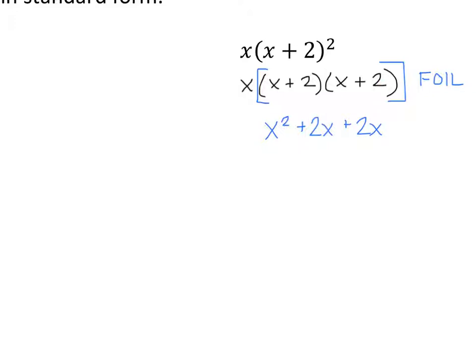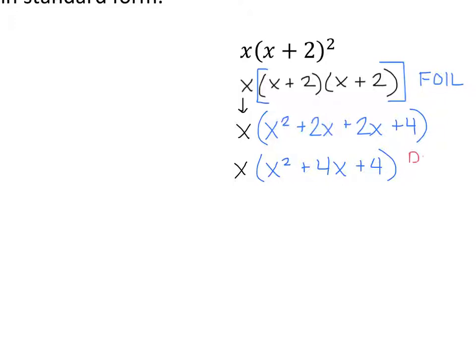And last times last is 4. And don't forget, we still have an x in front of all of it. All right, combine the like terms. So I've got x squared plus 4x plus 4.